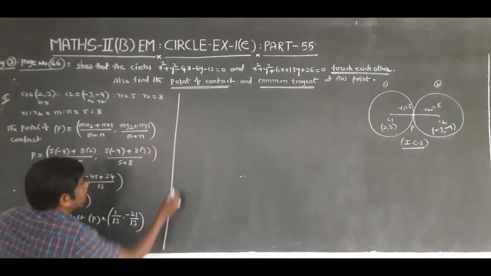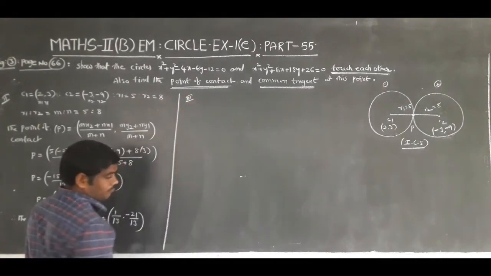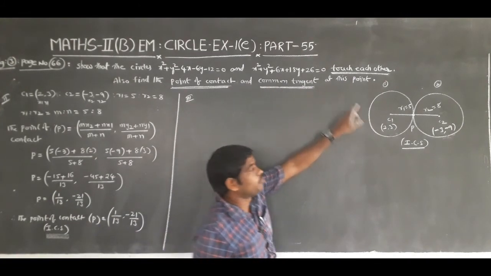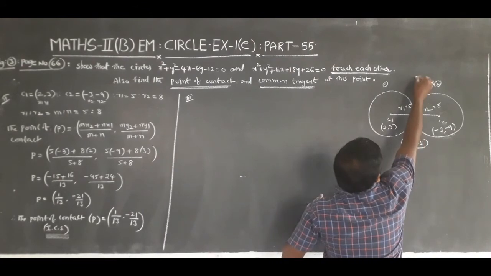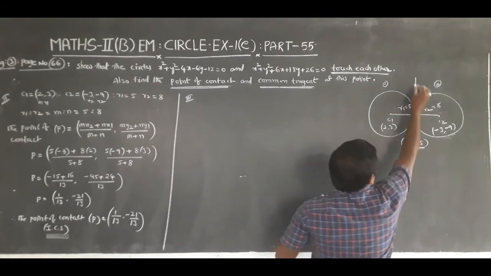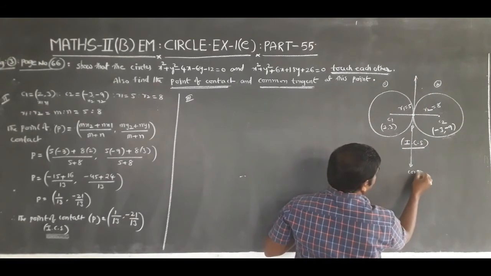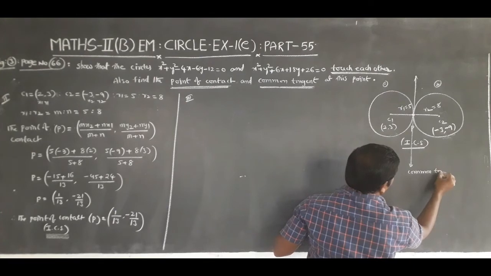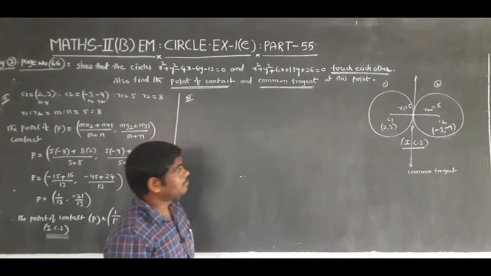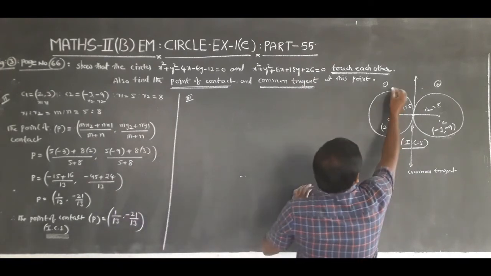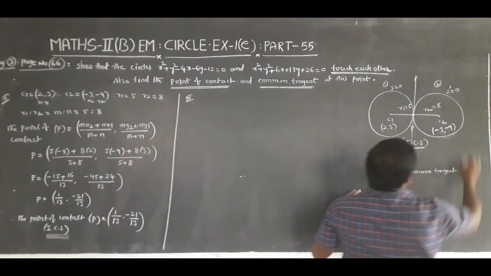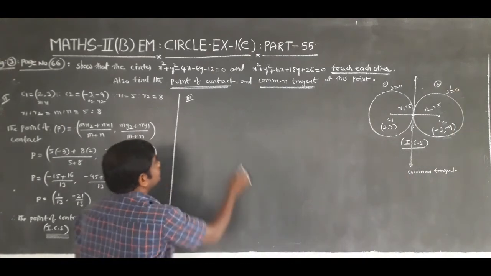Now the third part. Find the common tangent at this point of contact. This is the equation of the common tangent. For the first circle, S is equal to 0, and for the second circle, S dash is equal to 0.